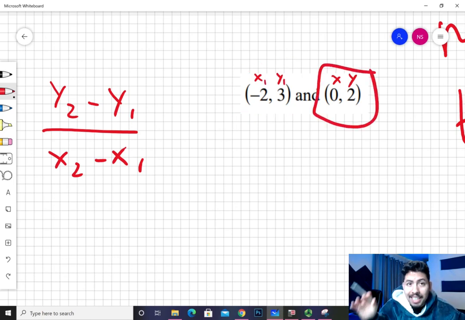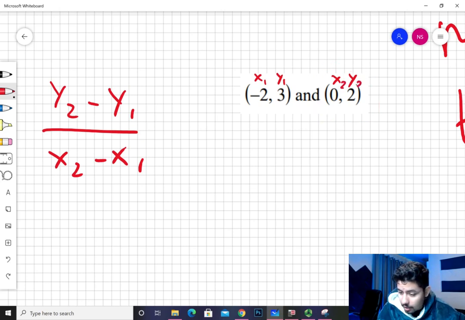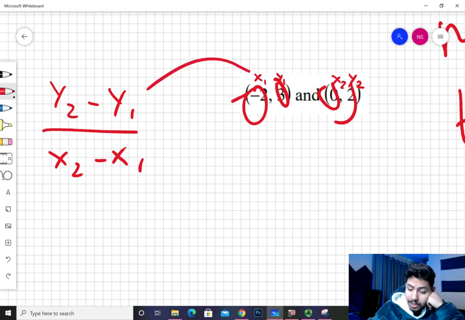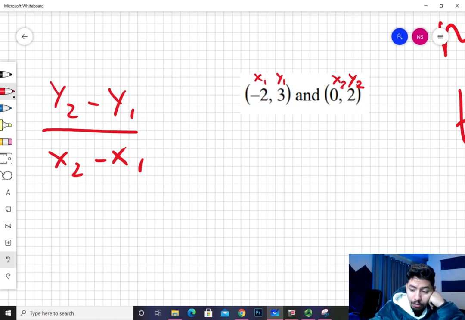Because this is physically my second set, those are my second ones. Those are my twos. Do you see what we're going to do next? Could you probably guess? Same thing we've been doing whenever we come across a formula. All we're going to do is dump in the numbers into its designated spot, and then we're going to have the calculator solve it for us.